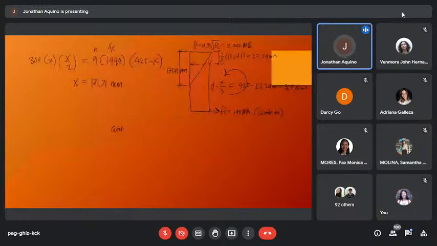Meron tayong stress, triangular stress with dimension b. Okay, so ito yung b natin is 300 millimeter. So this dimension is 171.71. Then this dimension is equal to fc.